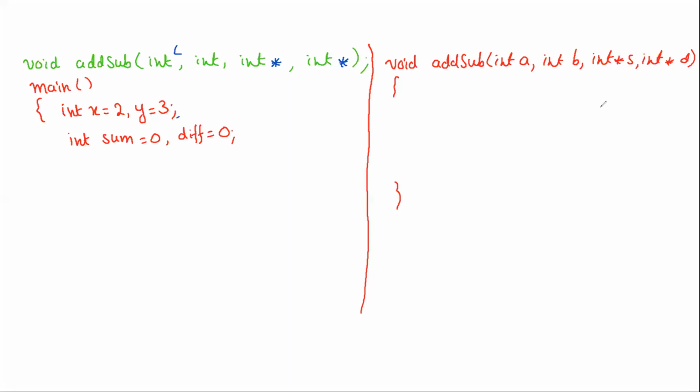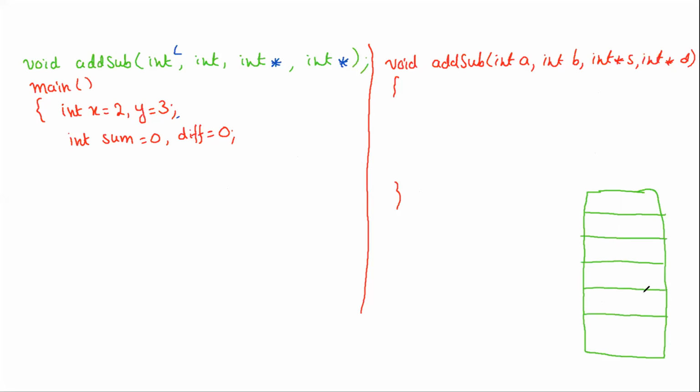Now before we can write the body of this function, I think it's better we draw a chunk of memory and we should know what is actually going on in the memory, right? Because without that it will be very hard to understand. So let me just draw it here. So far in the main we have four variables: x, y, sum, and difference.